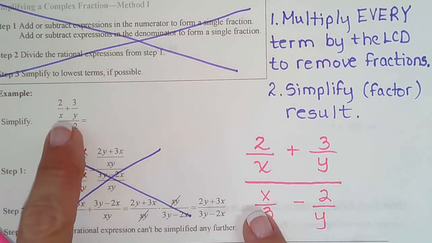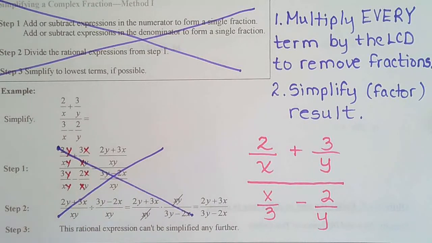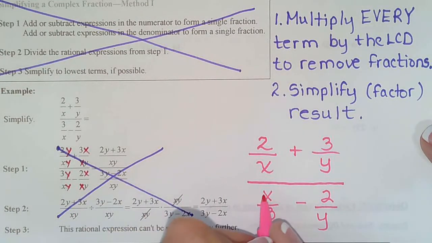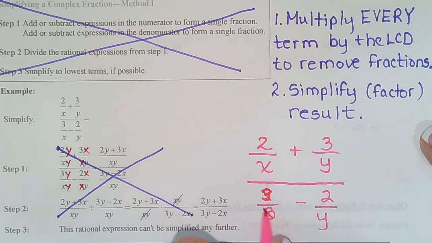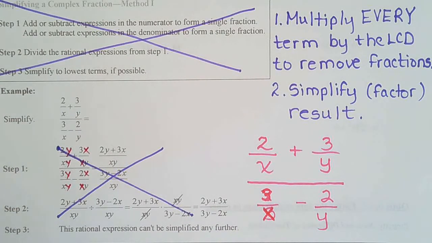Write the problem nice and big, and then it's a lot easier to see what you have after canceling. Oops, I wrote that backwards. 3 over x. Wow, how did I do that? So 3 over x minus 2 over y.